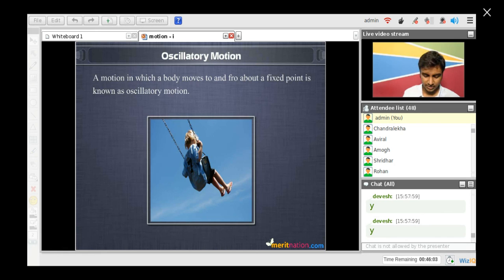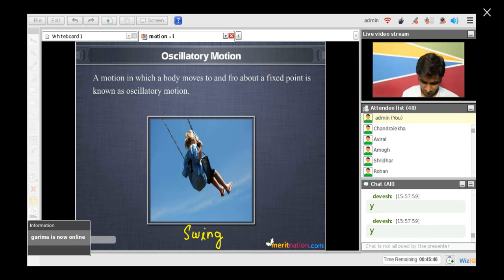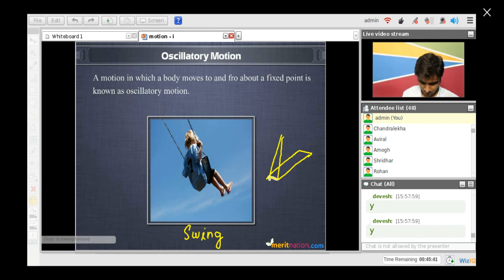You can see this is a swing, and there is a fixed point. I've drawn a swing here, and this is a fixed rod, a fixed line about which it is moving forward then backward.